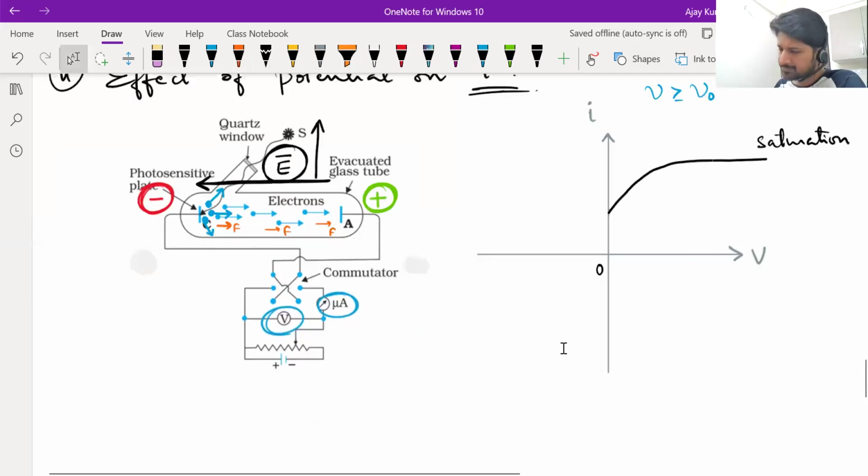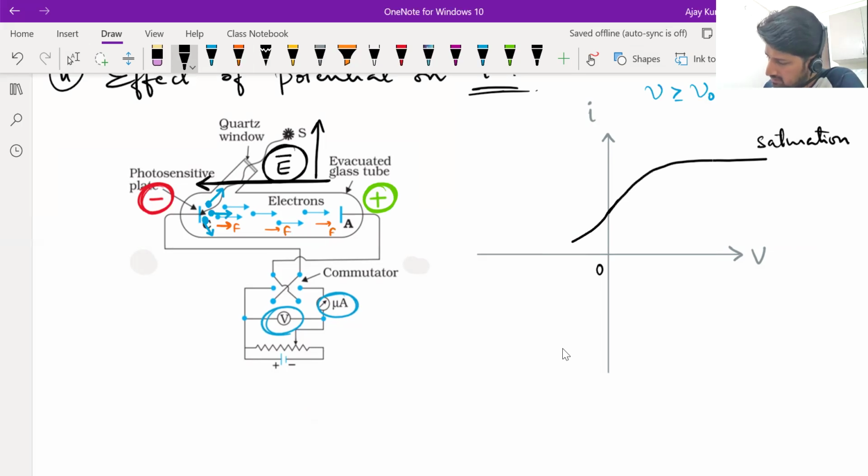For negative collector potentials, okay, the current was found to decrease, and at one particular potential, the current even becomes zero. This negative collector potential at which the photocurrent becomes zero is called the stopping potential.